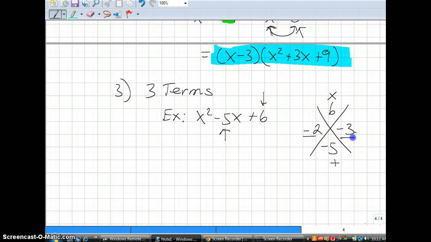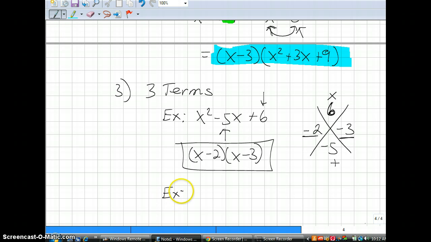Negative 2 times negative 3 is a positive 6, and negative 2 plus negative 3 is a negative 5. So those are our factors. This will factor to two binomials, x minus 2 and x minus 3. That is our final answer. That is completely factored at this point.